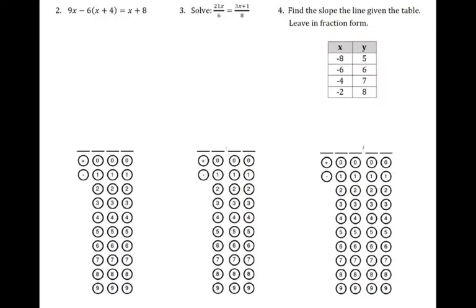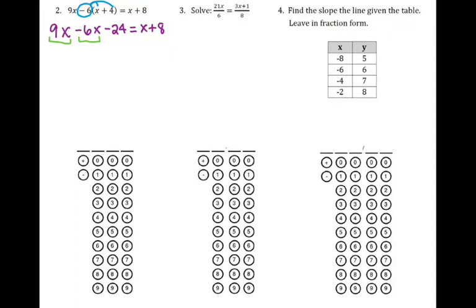All right, number 2. Now we need to actually solve, and then we can bubble in our answer. So I have this number in front of my parenthesis. I'm going to go ahead and distribute it, but once again, need to pay attention because I'm distributing a -6. So I have 9x, -6 times x is -6x, -6 times 4 is -24, equals x plus 8. I can combine like terms, just like we did at the very beginning of this review.